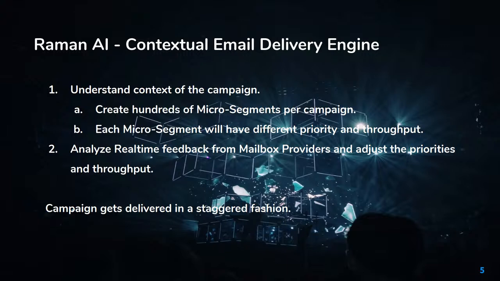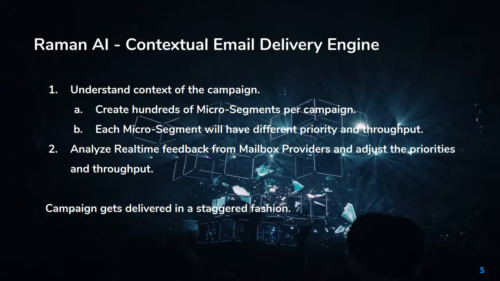So when a campaign gets scheduled, it breaks down the campaign into hundreds of micro segments, and each segment will have its own priority and throughput setting, and the MTA is in complete harmony with this to understand and deliver according to these throughputs. So the MTA is now understanding the context of the campaign and delivering it accordingly.